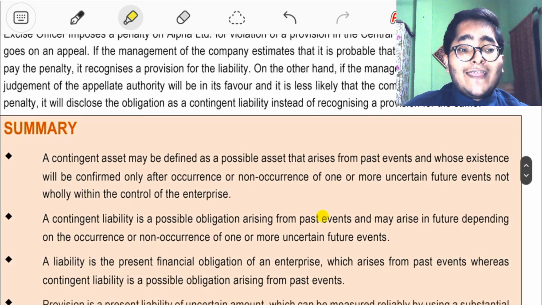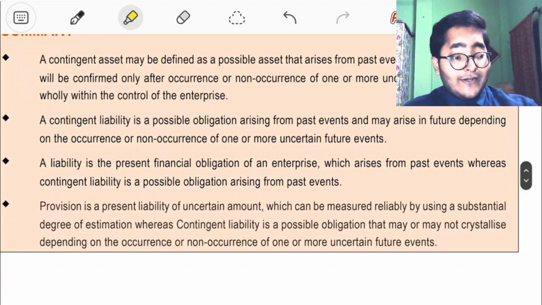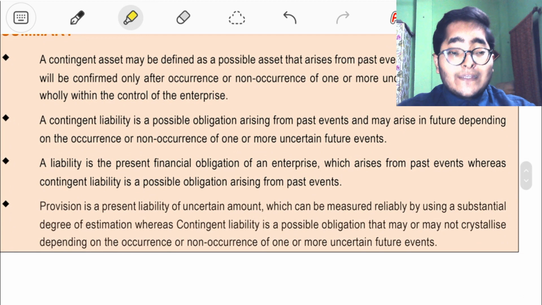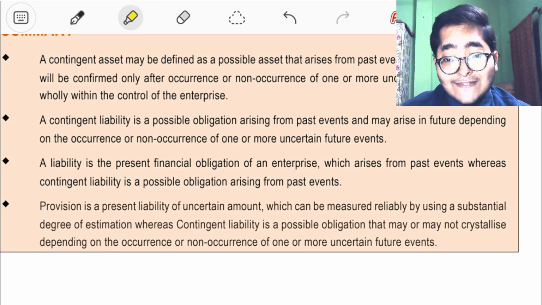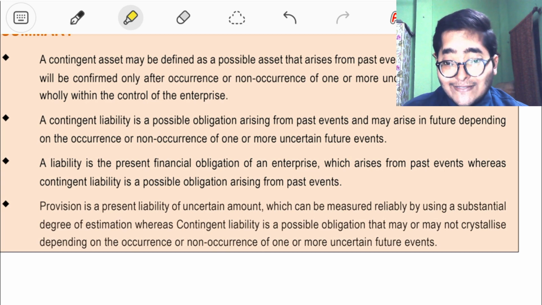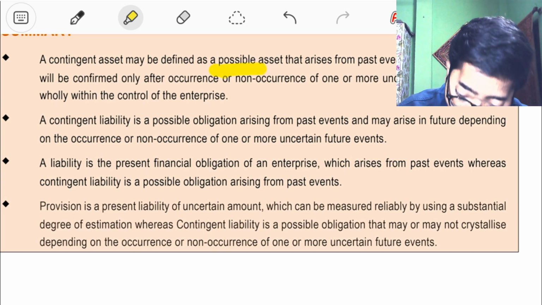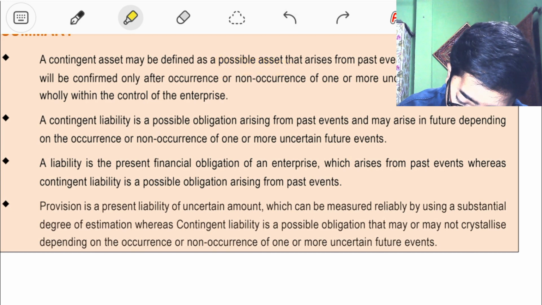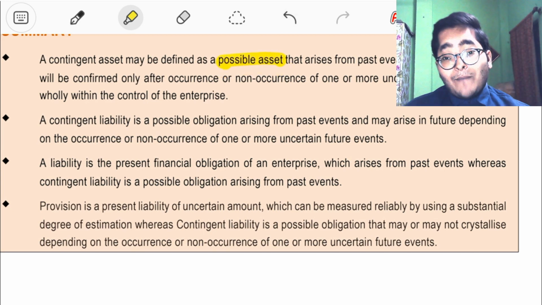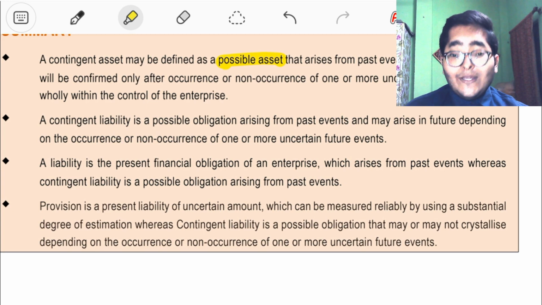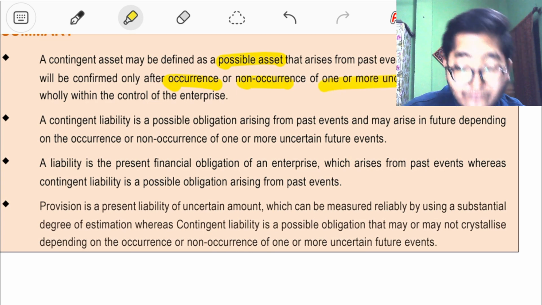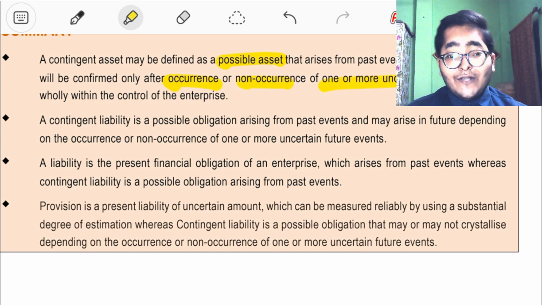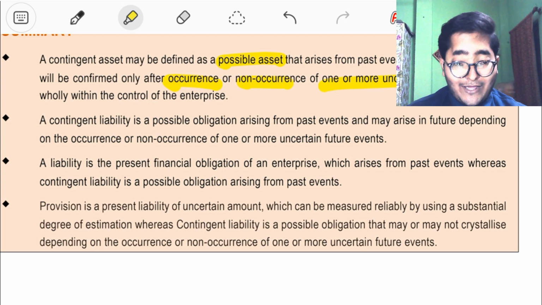तो समय अभी बाकी है, लेकिन इस पॉइंट्स को समराइज कर देते हैं। Let's summarize the points. A contingent asset may be defined as a possible asset that arises from past events and whose existence will be confirmed only after occurrence or non-occurrence of one or more uncertain future events, not wholly within the control of the enterprise.